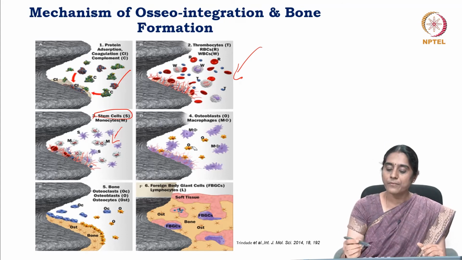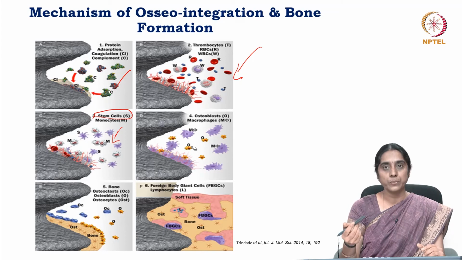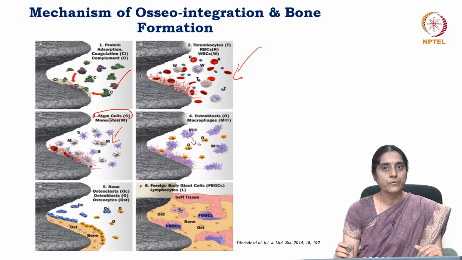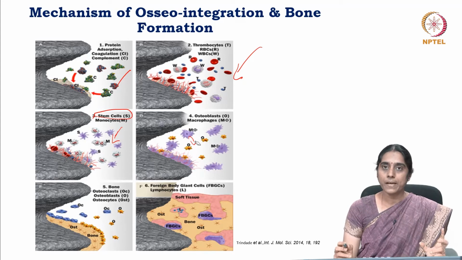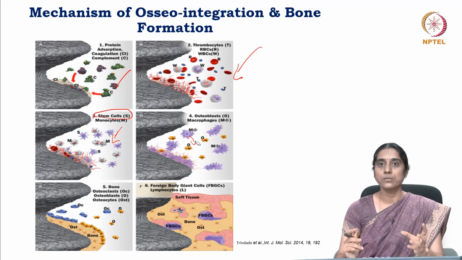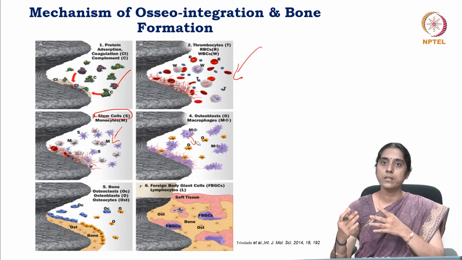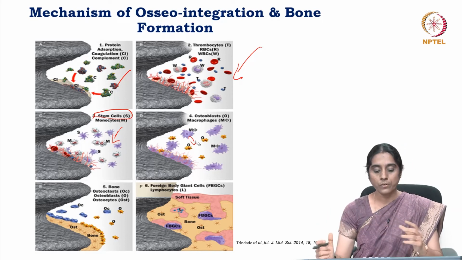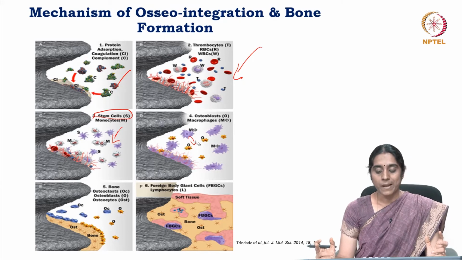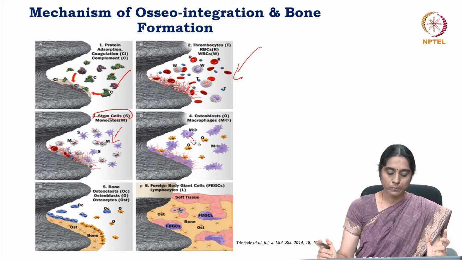So, they are differentiated into osteoblasts by means of factors secreted from macrophages. It might be certain factors, or it might be some receptor interaction with the stem cell that leads to the formation of osteoblasts, or bone forming cells.